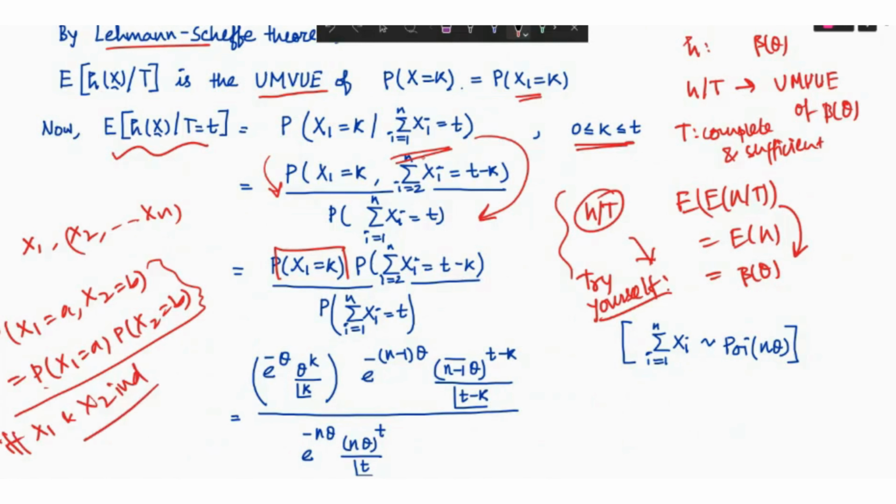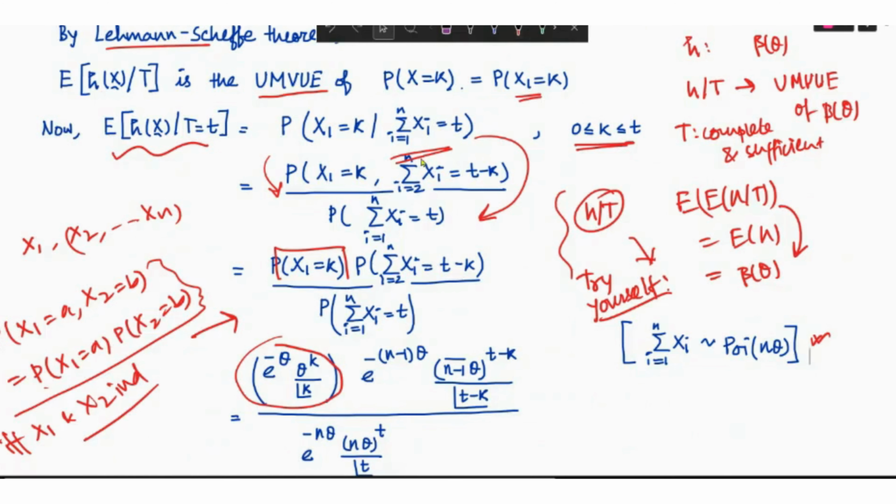So by this property, we can write this. And now since probability of X1 equal to k is given by this expression from the Poisson theta distribution, we get this. And summation Xi, i equal to 1 to n, also follows Poisson n theta; you can prove that. So here summation from 2 to n simply follows Poisson (n minus 1) into theta.